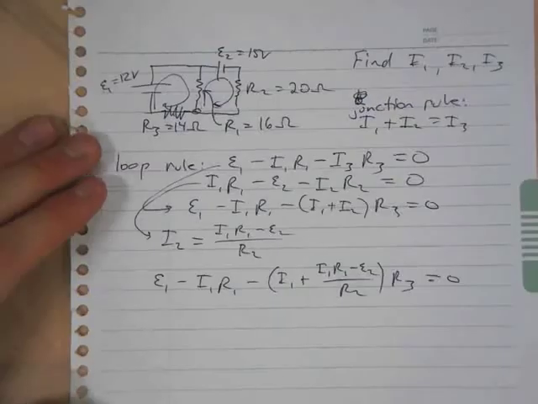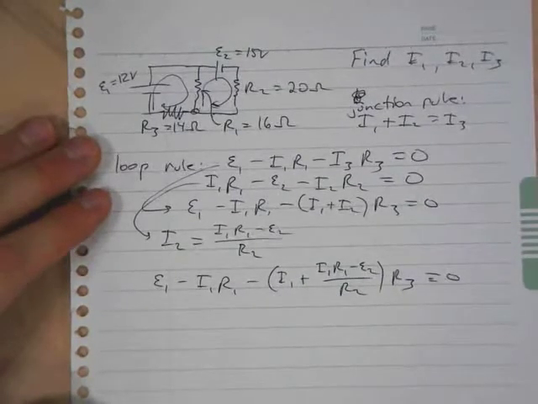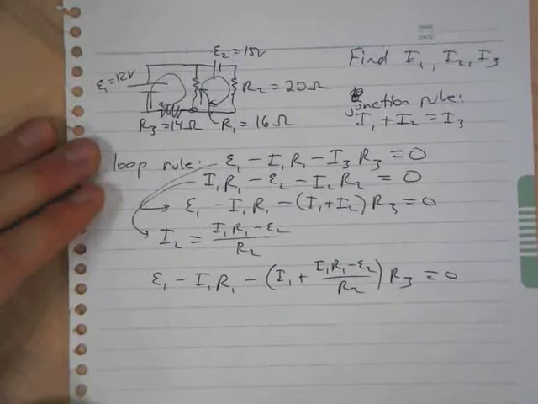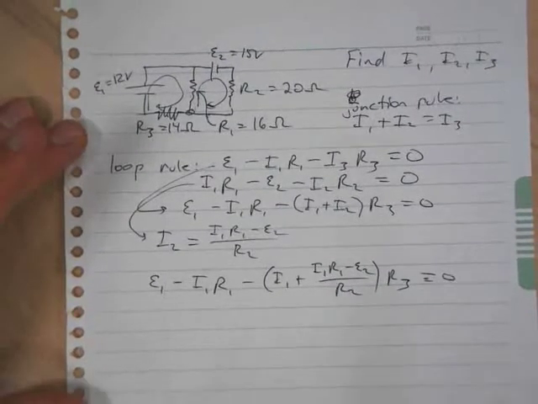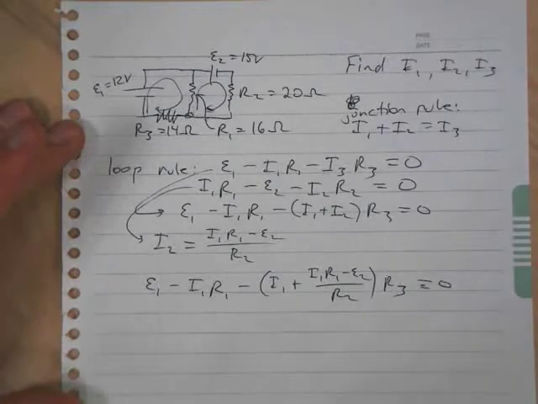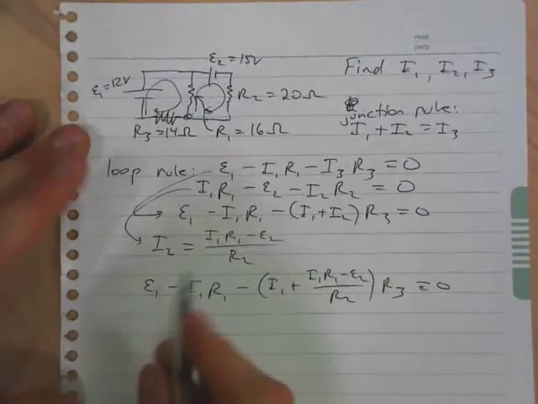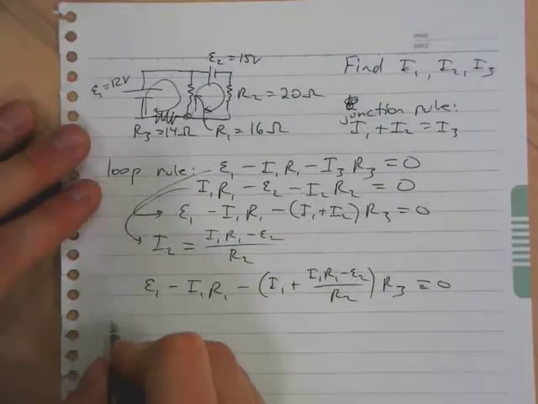Things can get kind of hairy with the algebra, but ultimately, we only have one unknown in here, the I1. Everything else we know. So we can do some distribution and move some stuff around.